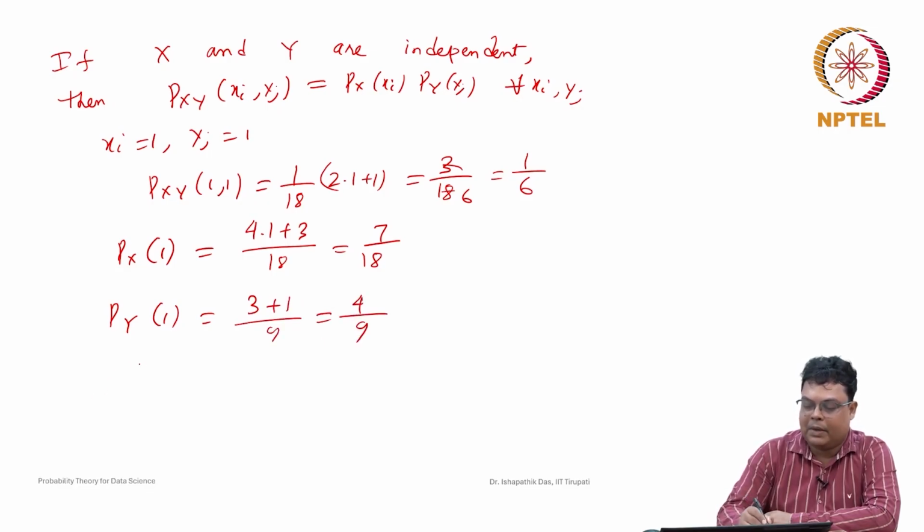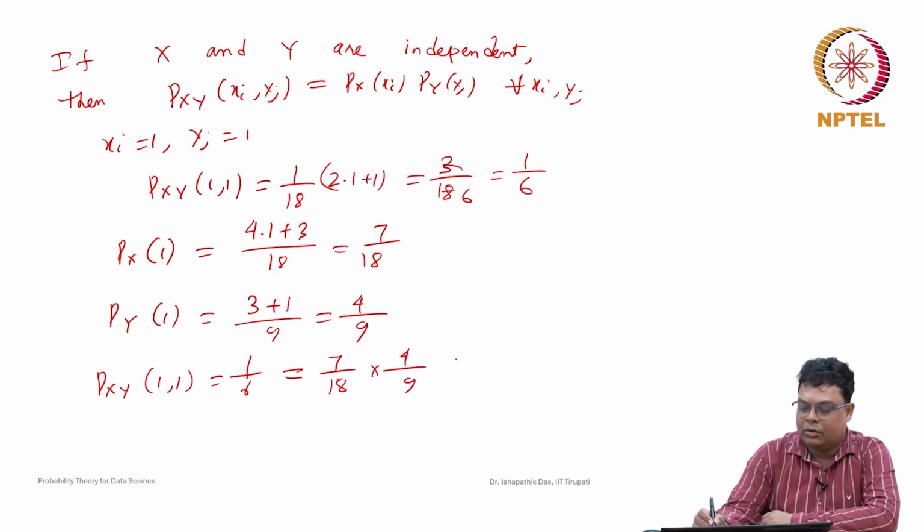So pxy of 1 1 has to be 1 by 6, and for independence this has to be equal to 7 by 18 into 4 by 9, that is px of 1 into py of 1.